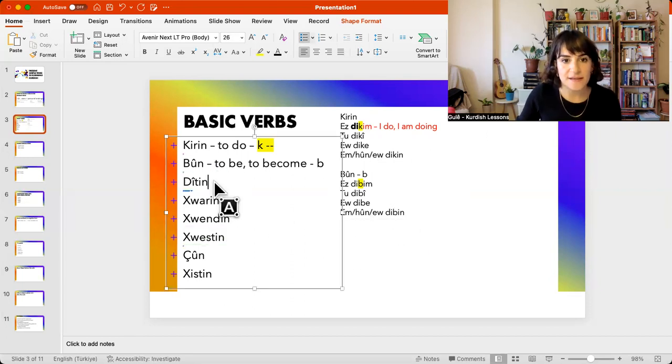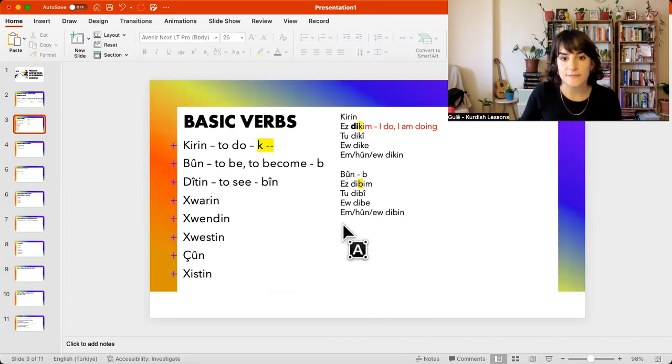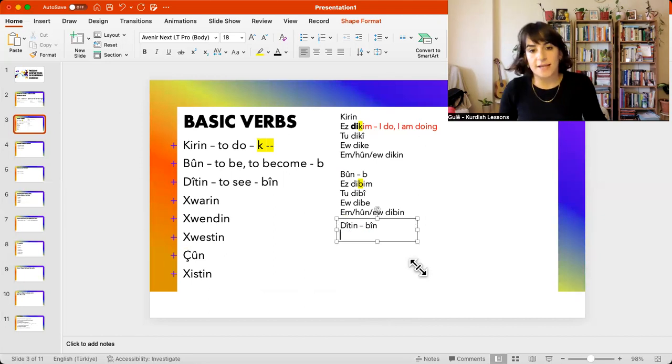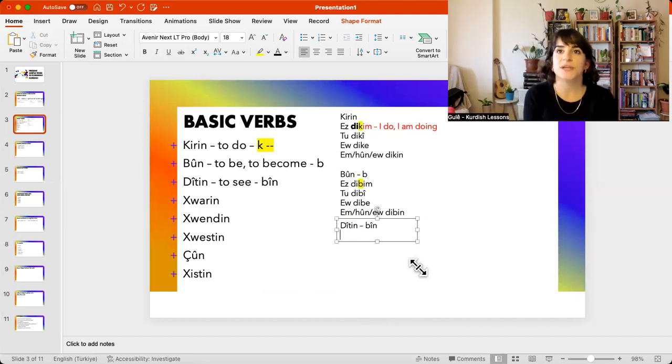Dîtin is to see, and the present stem is bîn. You see, it can be different from the infinitive form. So, to see, dîtin. The stem is bîn. I am waiting for you to conjugate by yourself, and then I will check it. So try to conjugate it.